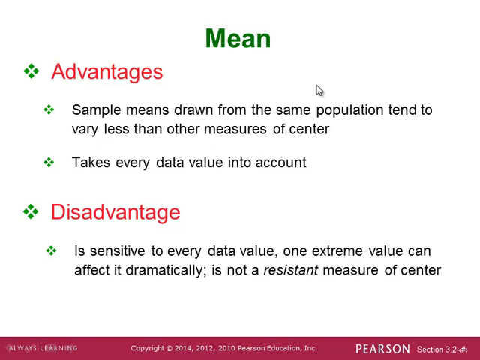Meaning, if we were to do this experiment many, many times, taking a sample of size 100, or choose your sample size, not just once but multiple times, and then take a look at the distribution of those means, you would see that there's relatively little variation in that set of sample means.